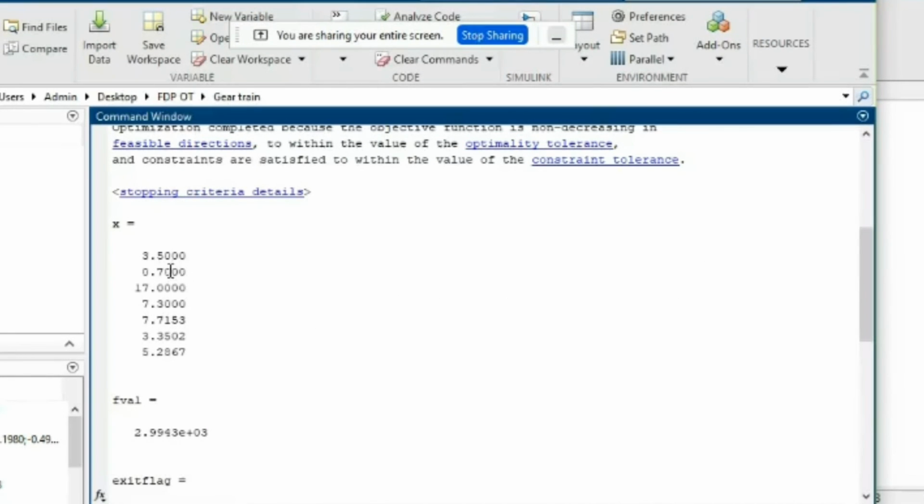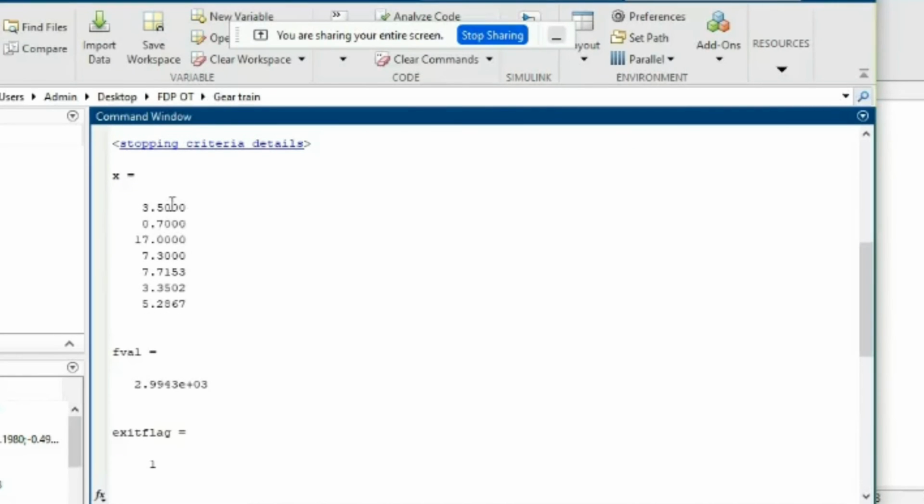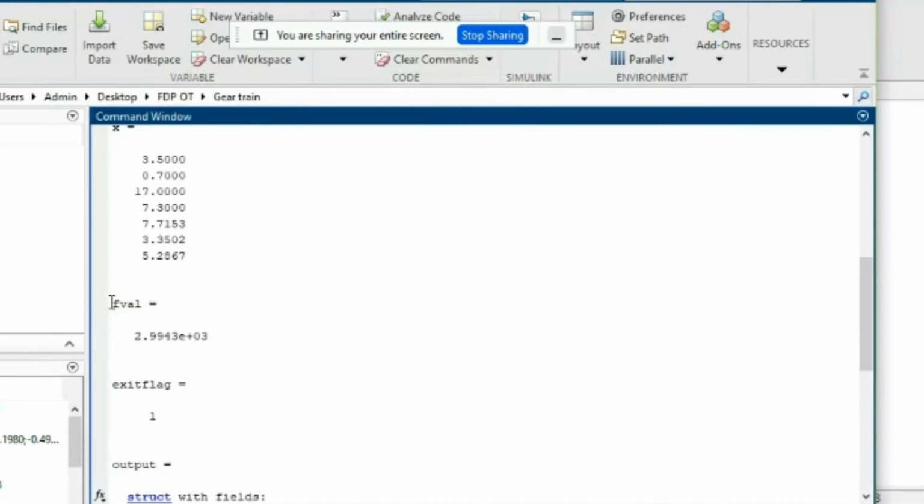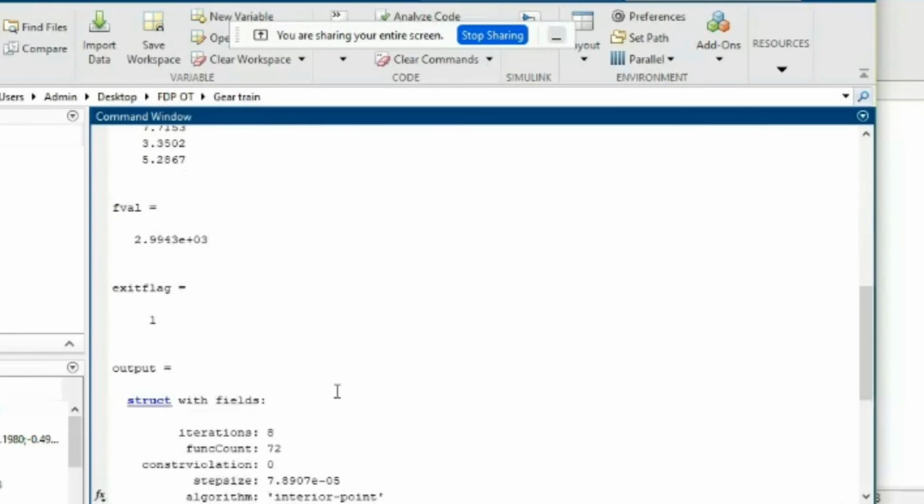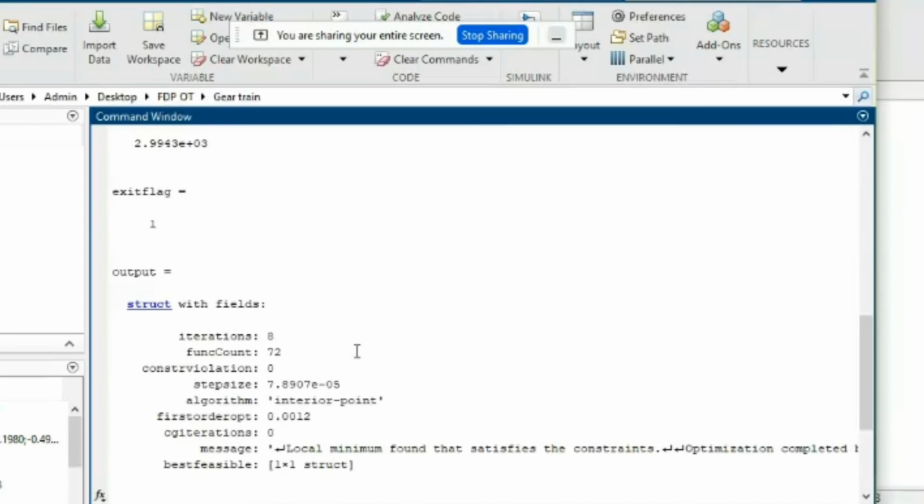Here there are 7 variables in total. The solution of all the decision variables and the value of the objective function, right? So this is the output information regarding the number of iterations, the algorithm used, all these things.